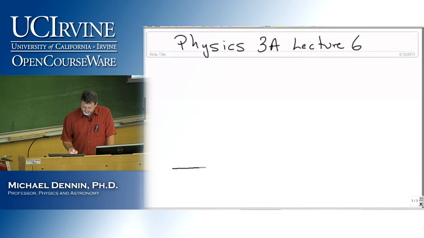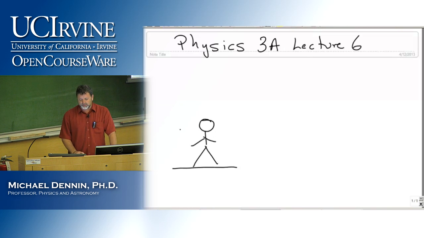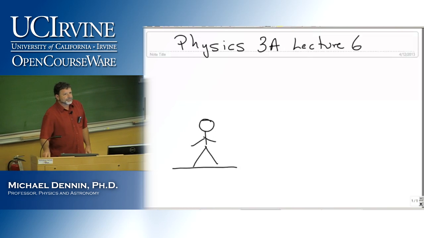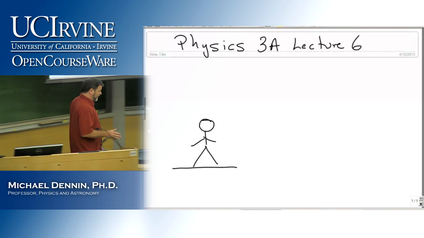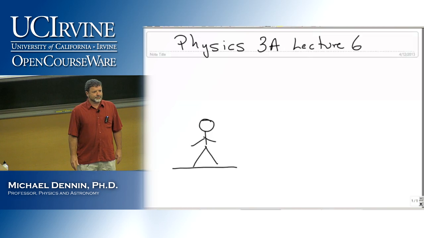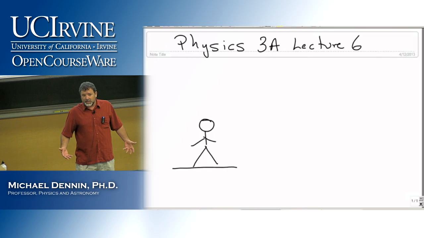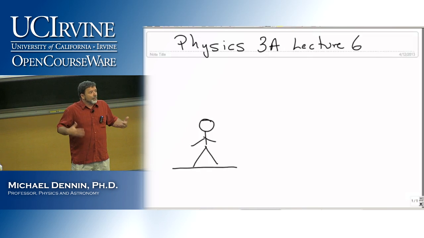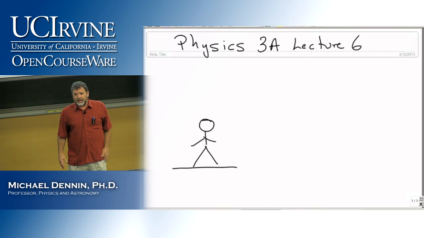If my person is standing here on the ground, not moving and not doing anything, what is their acceleration right now? 0. Their acceleration is actually 0. There's still gravity. We just haven't learned the other part yet, that there's also forces from the floor.